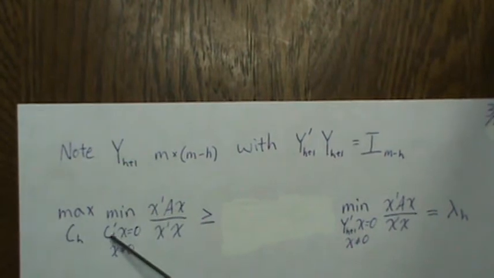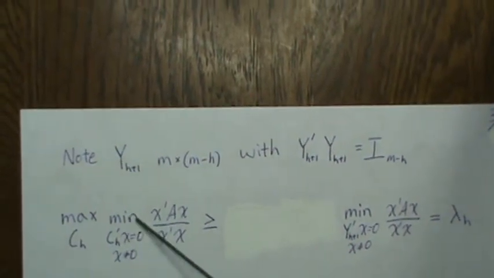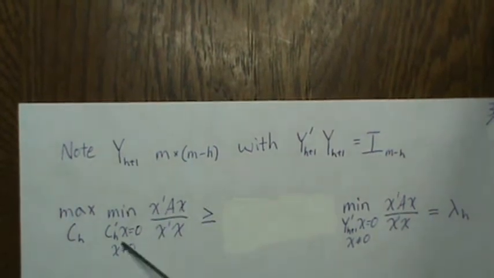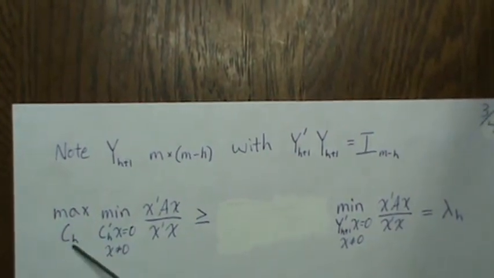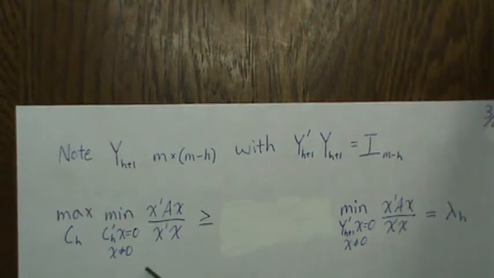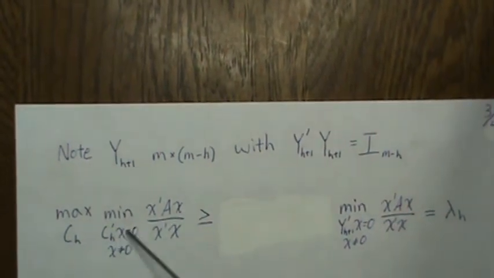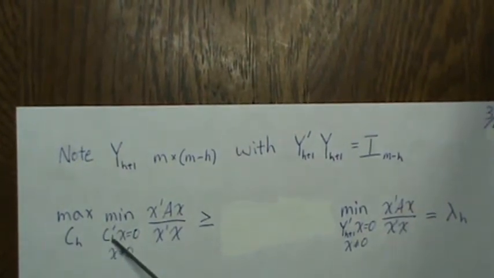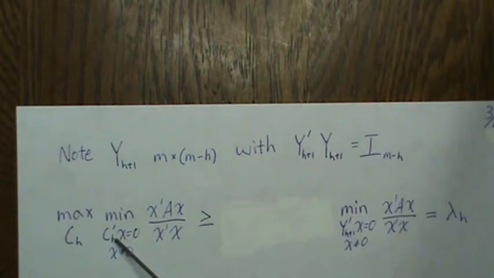Then we pick the next CH and find the minimum, and then we keep doing it, so we have a bunch of these values, and then we take the maximum. That's going to be a big number. So if we just take one possible CH value, that has to be less than this quantity.